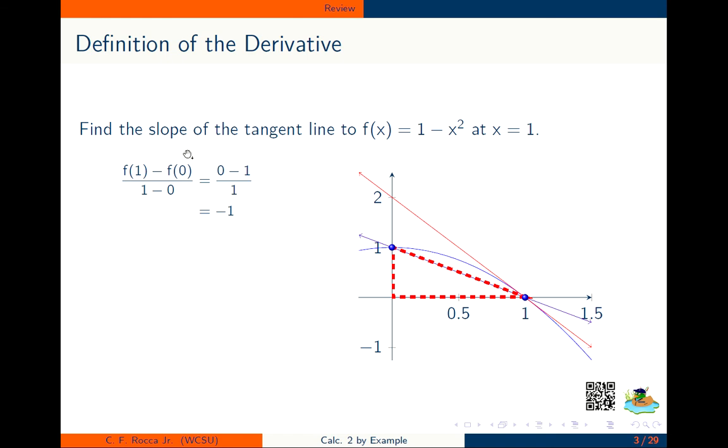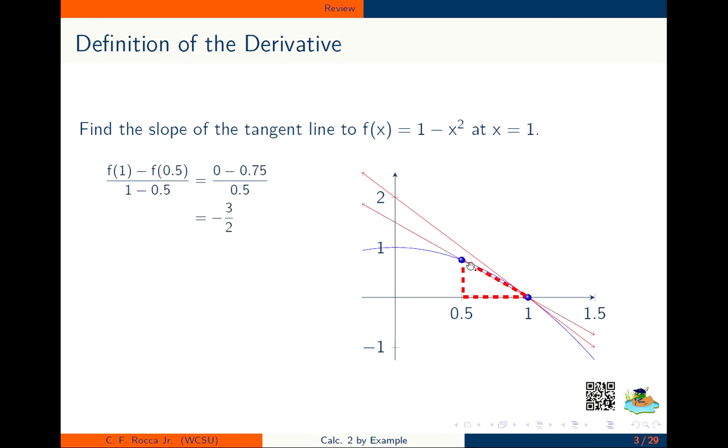This expression, f of 1 minus f of 0 over 1 minus 0, is our change in y over our change in x, and it's called the difference quotient. Using it, I get that the slope of that secant line is -1. That is a very, very rough approximation of the tangent line, and so the slope of the secant line is a rough approximation of the slope of the tangent line.